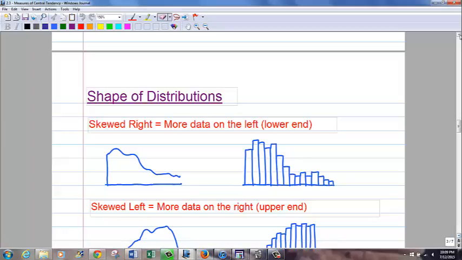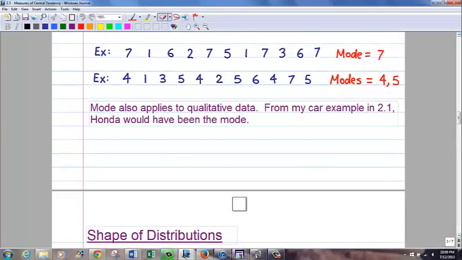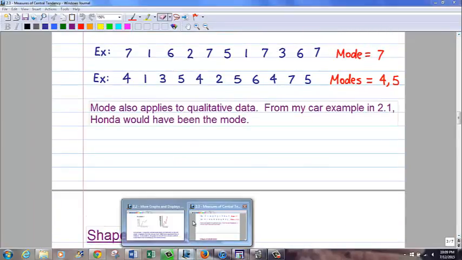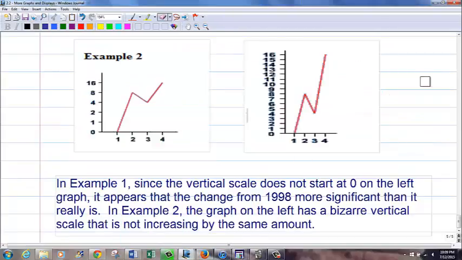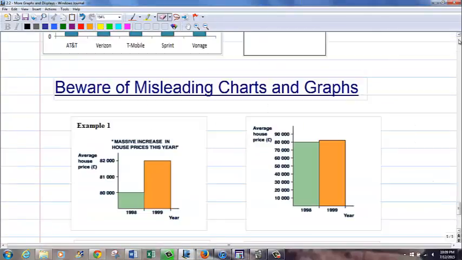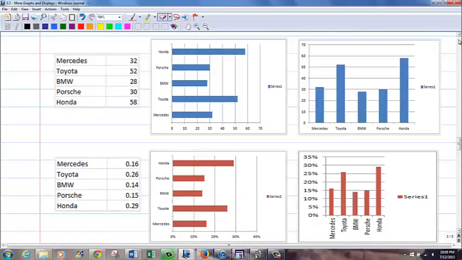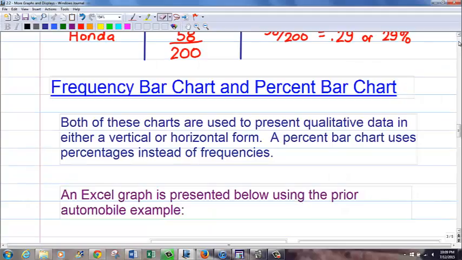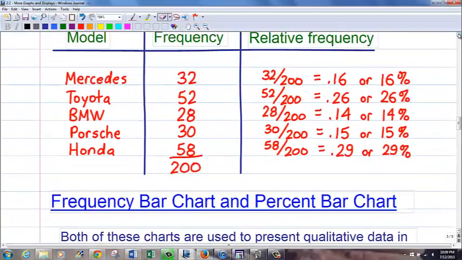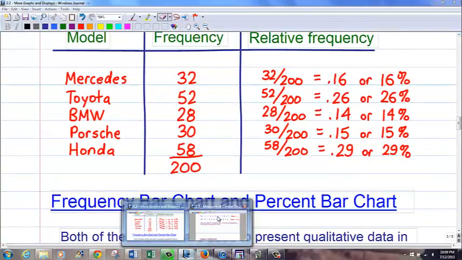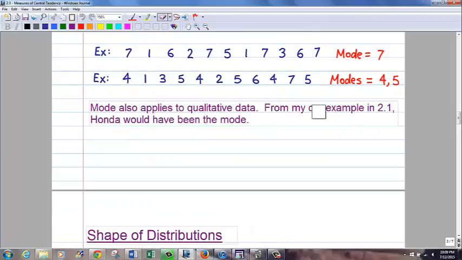Let me bring that back up here for a second. Yeah, this example right here. Let me change this in the notes where it said 2.1. It should have said 2.2.